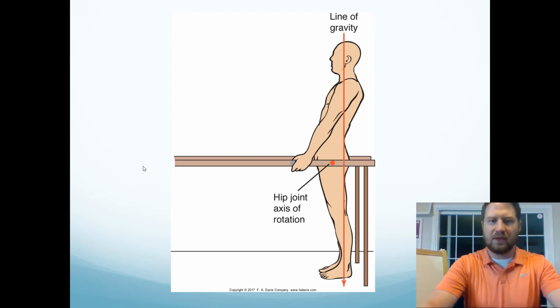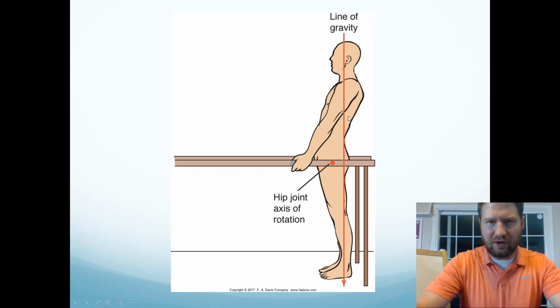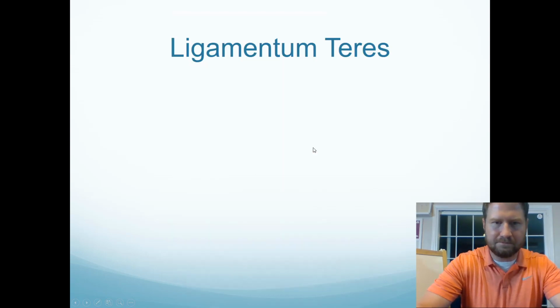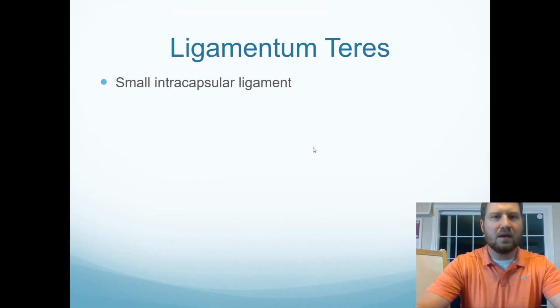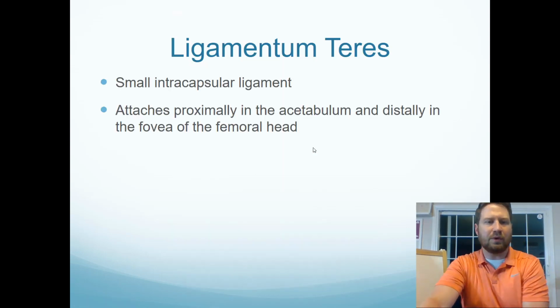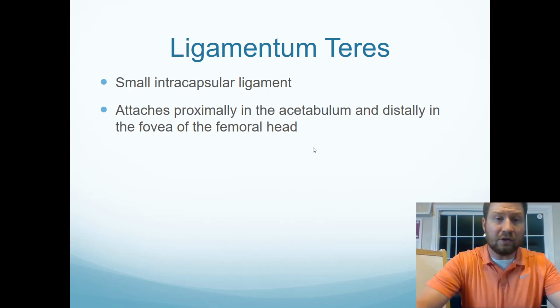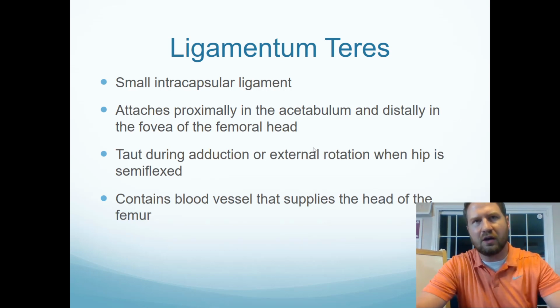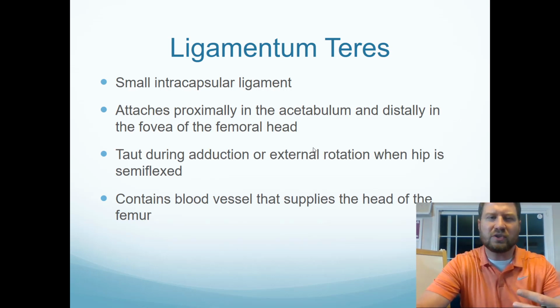So again, this line of gravity would be moved forward because our center of mass would move forward as well. Now our ligamentum teres, this is a really cool thing to talk about. It doesn't seem like it is, but when you start talking about injuries, especially athletic injuries, the ligamentum teres is always of concern.